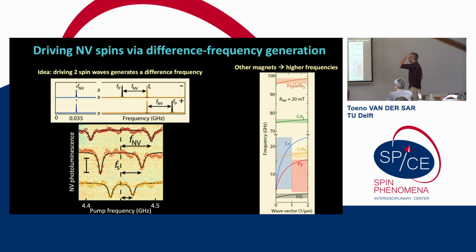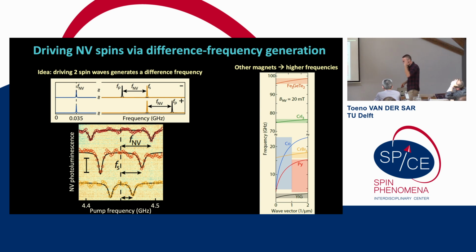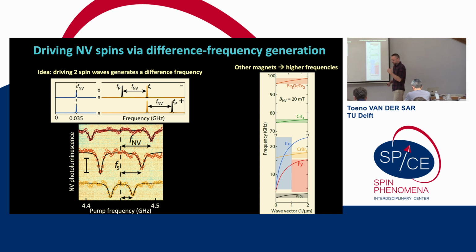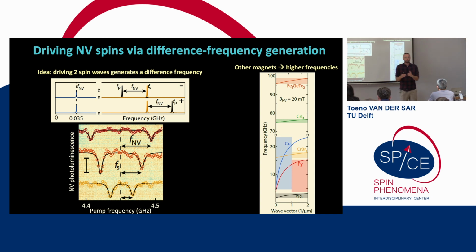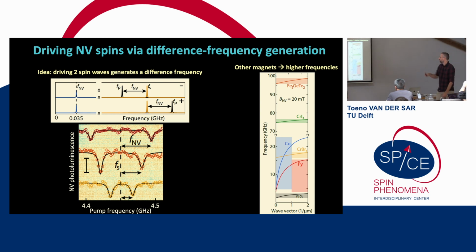Okay, finally, I showed you some results where we used the frequency comb to drive NV center spins. But we can also use the frequency difference between two spin waves to drive the NV center. So that is a much lower frequency, and it's depicted here. Here we tuned the NV center to a very low frequency, 35 megahertz.